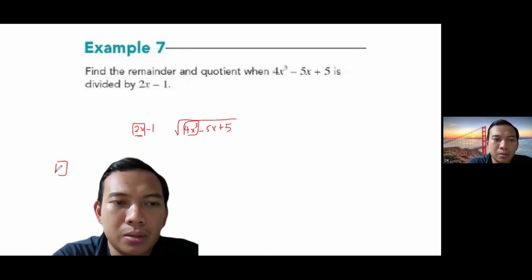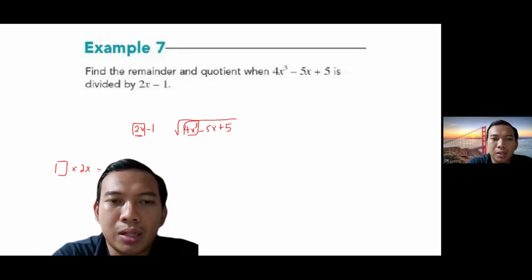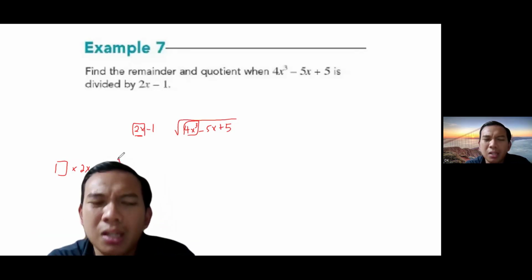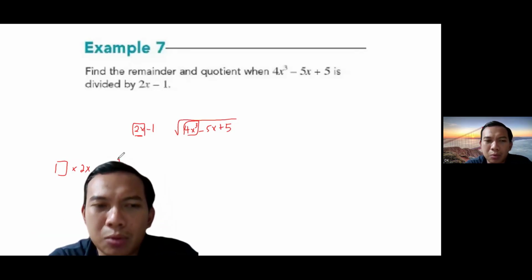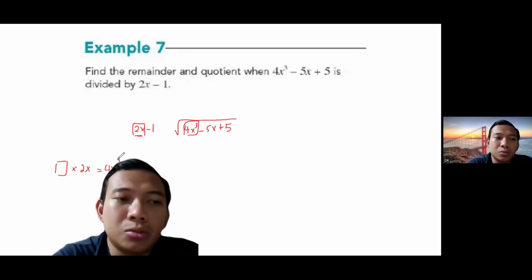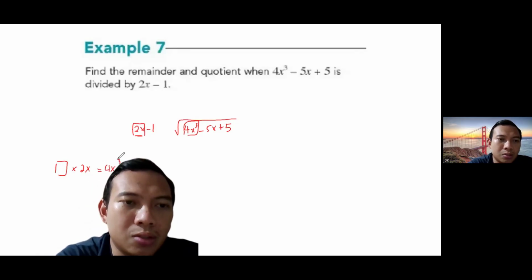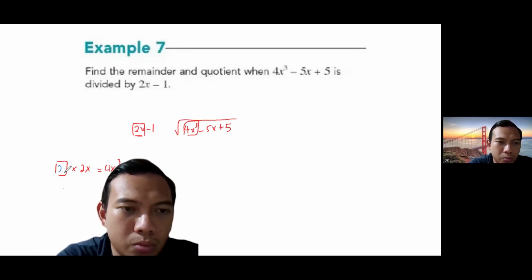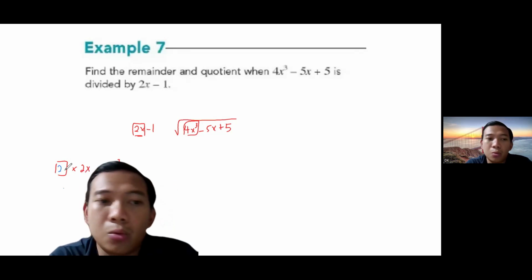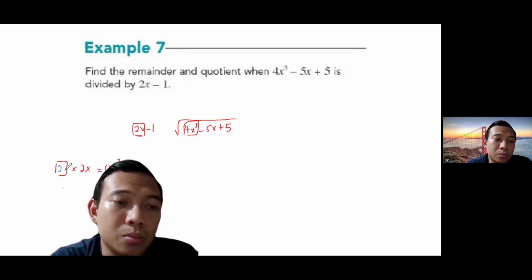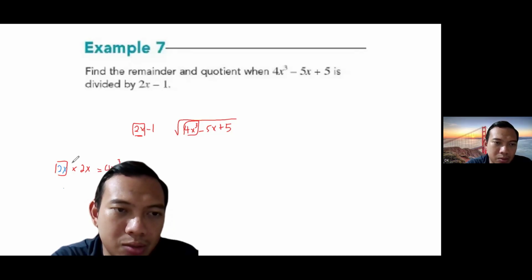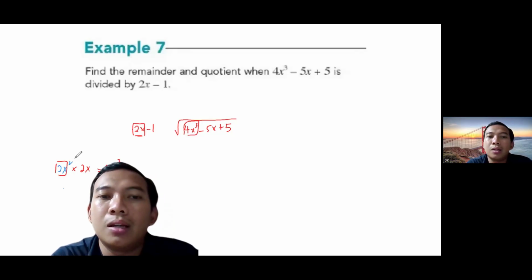So what number or expression times the one in front, in this case 2x, you can get 4x cubed? If you see, 2 something times 2 becomes 4, right? So it should be 2. 2 times 2 becomes 4. So what times x becomes x cubed? It should be x squared instead.